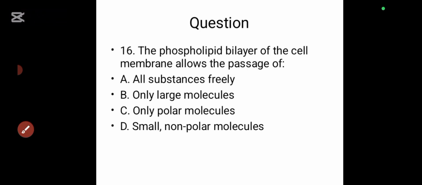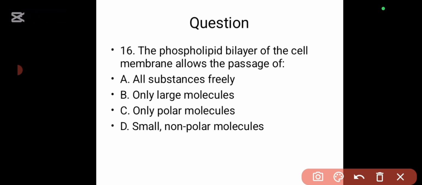The phospholipid bilayer of the cell membrane allows the passage of all substances freely? No. Only large molecules? No. Only polar molecules? Small non-polar molecules. The phospholipid bilayer of the cell membrane allows passage of only small non-polar molecules.